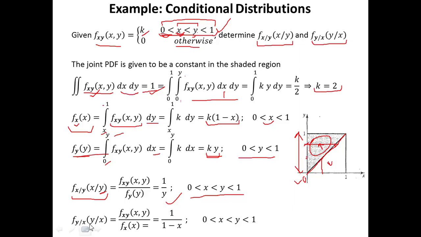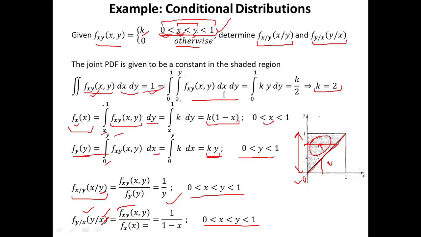Similarly, we can determine the conditional density function of random variable y provided x has already happened. In that case, it equals the joint density function divided by the PDF of random variable x, that is equal to 1 by (1 minus x), because k by k will cancel out, for the range x less than y, from x to 1.